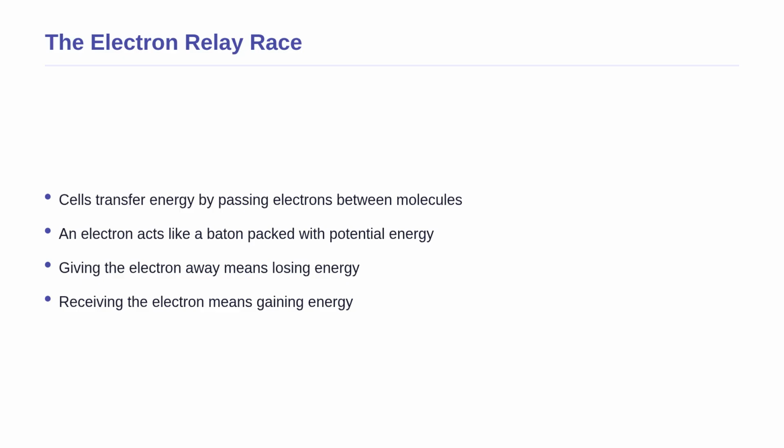When a molecule holds this electron, it is full of potential energy, much like a tightly compressed spring waiting to be released. Passing this electron from one molecule to another is the fundamental way your body moves energy around to keep you alive. If a molecule gives the baton away, it loses that energy packet. If it receives the baton, it gains that energy.